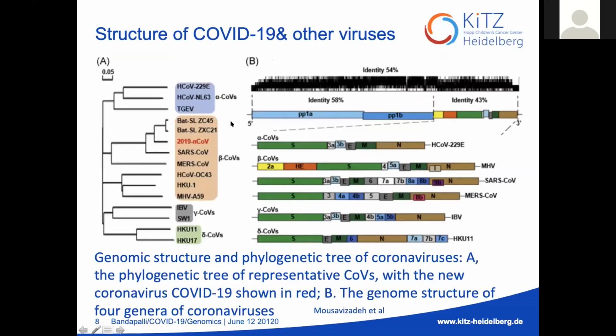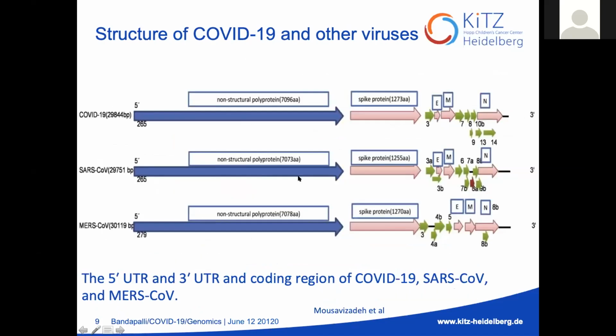To look at the structure of COVID-19 and other viruses, here is the phylogenetic structure of the viruses. Here you can see the novel coronavirus closely resembles SARS and MERS, and these are the 3 severely affecting diseases, and they are very closely associated. This is just to show how they are phylogenetically related.